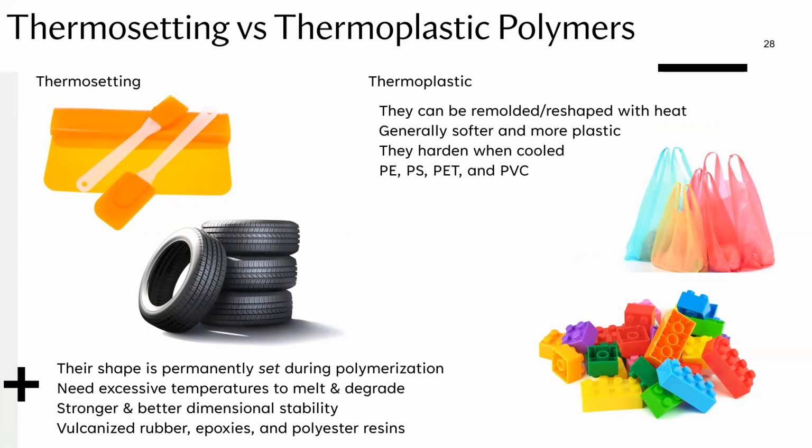polymers. Now, the names sort of give away what this classification means, but the idea is that a lot of these polymers, when you heat them up, or in other words, introduce some thermal energy, you can actually melt them and reform them, and they will stay in that state.